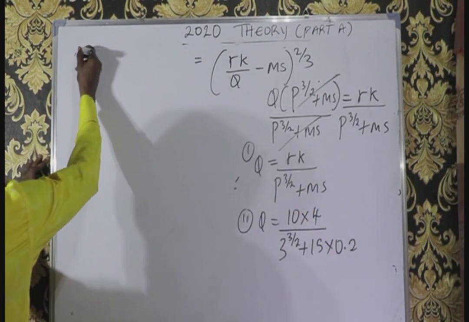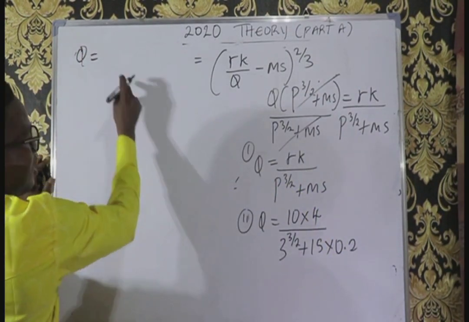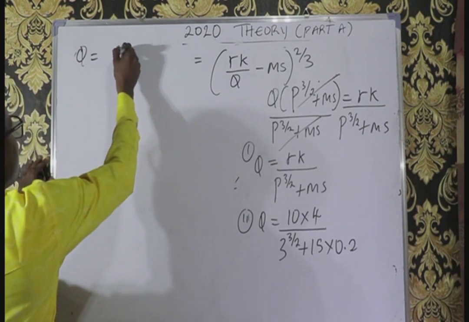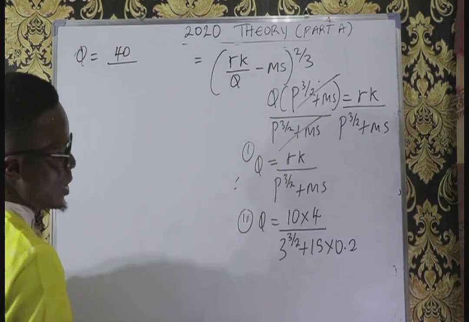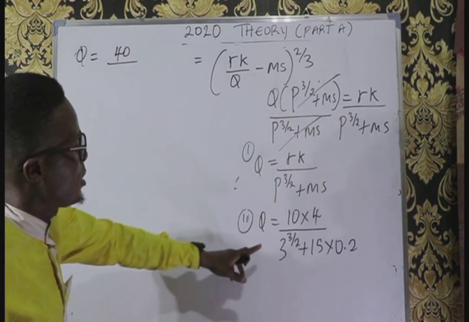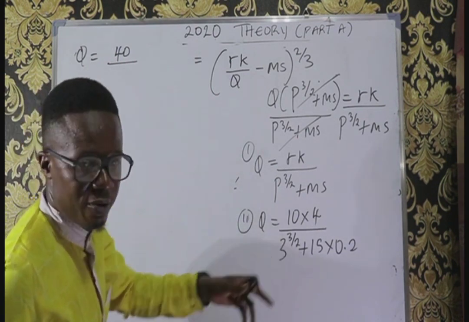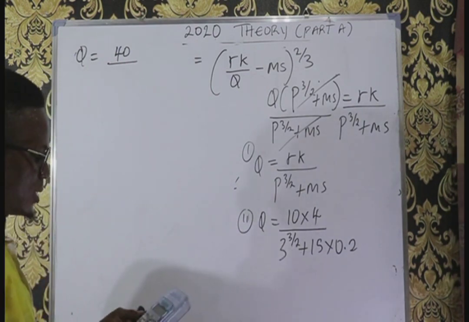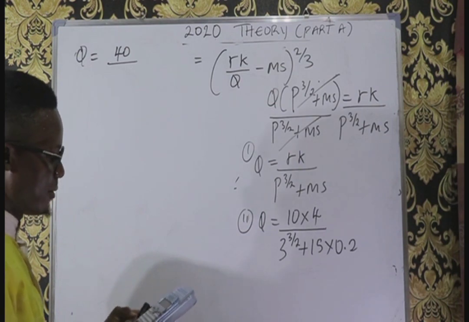So from here we'll have that our Q is now 10 times 4 is 40 all over 3 raised to the power of 3 over 2. 3 over 2 can be seen as 1.5. So to be faster, just press 3 raised to the power of 1.5.